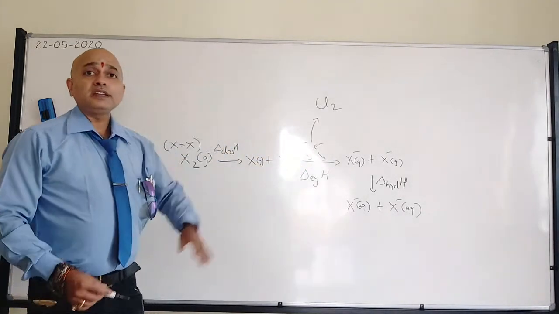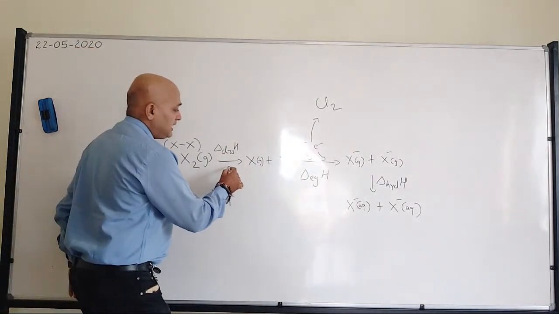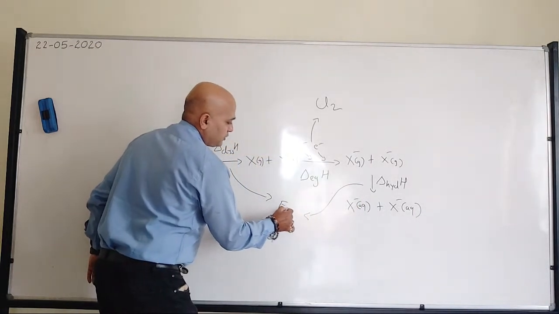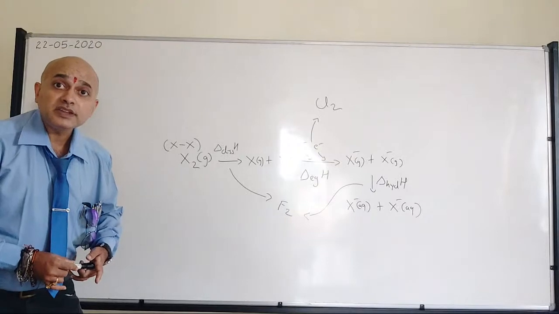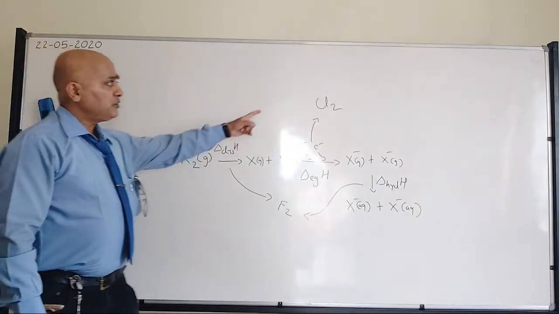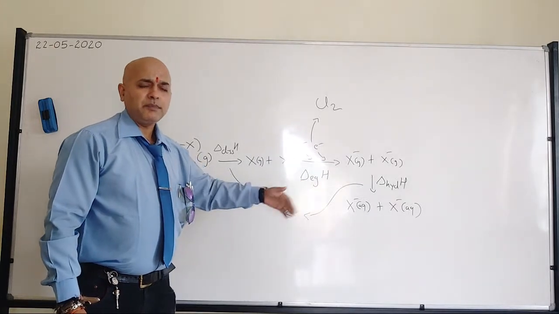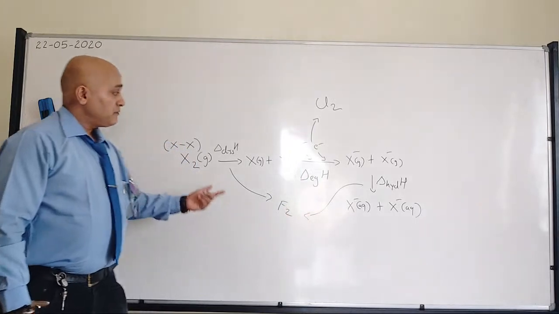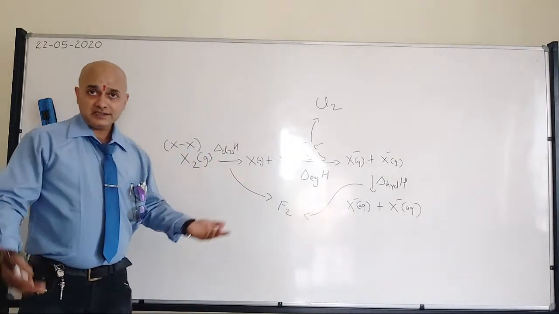But fluorine is going to dominate at these 2 points. So what I mean to tell here is, although chlorine has the highest electron gain enthalpy, means high negative electron gain enthalpy, when it comes to bond dissociation enthalpy, fluorine is going to dominate.